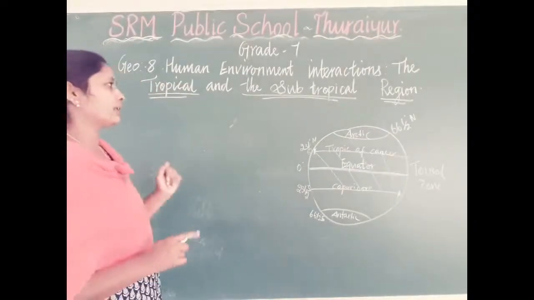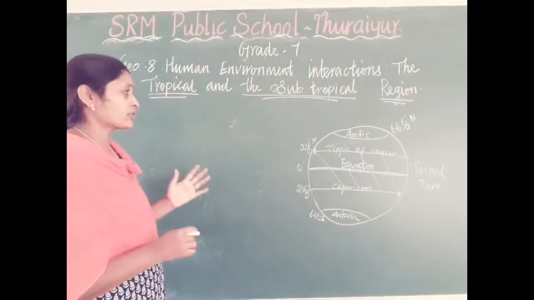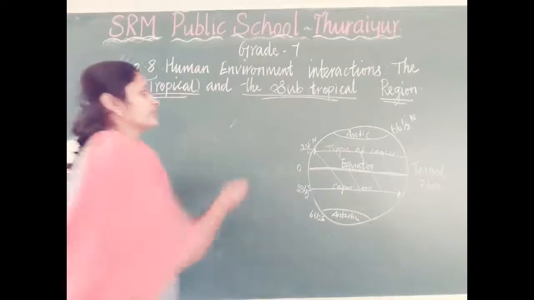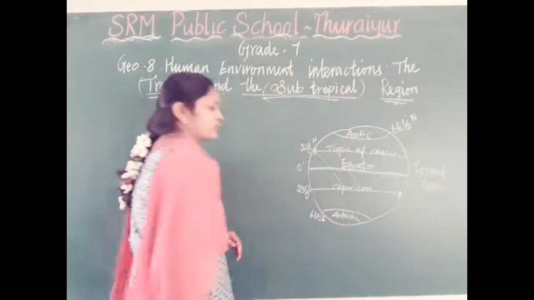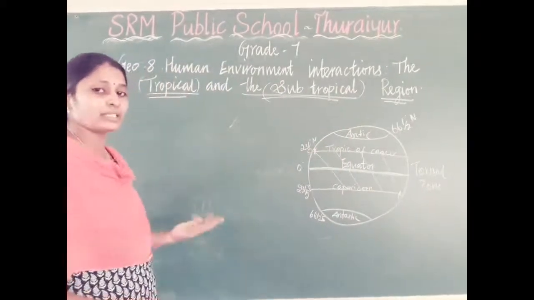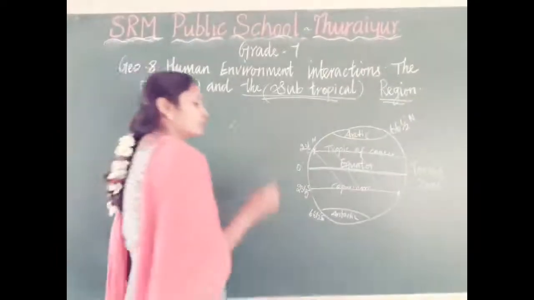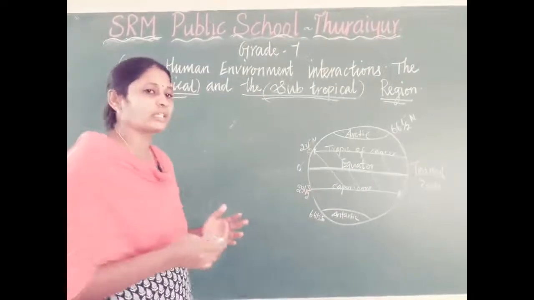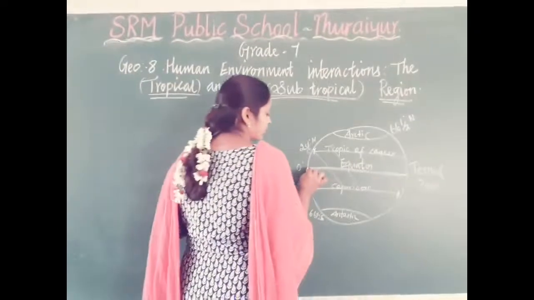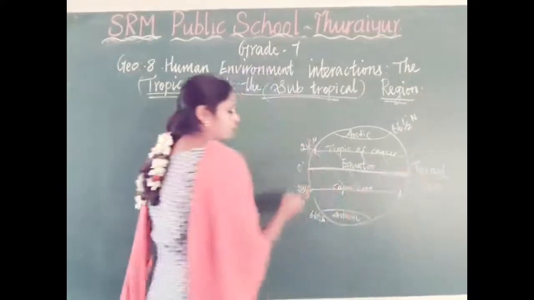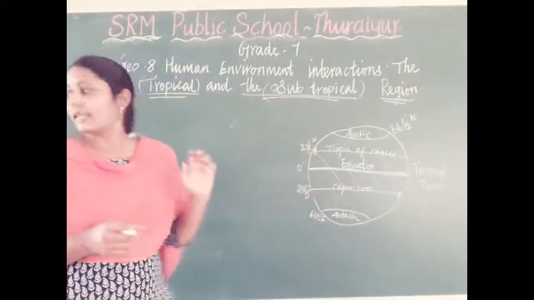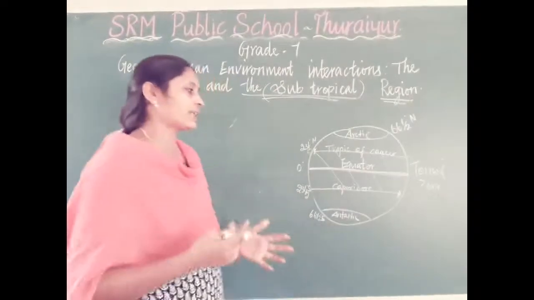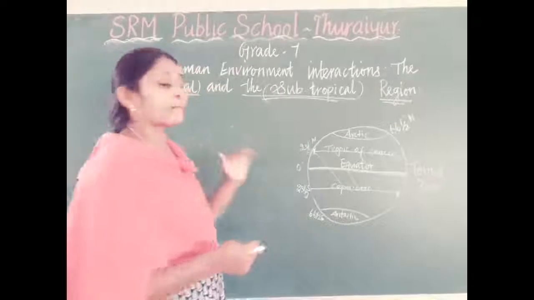Which one is the tropical region and which one is the subtropical region? The land located exactly on the 0 degree latitude line, the equator, is called the tropical region.